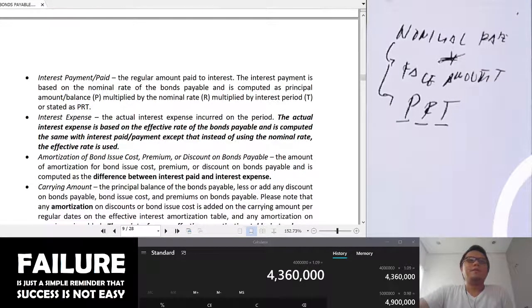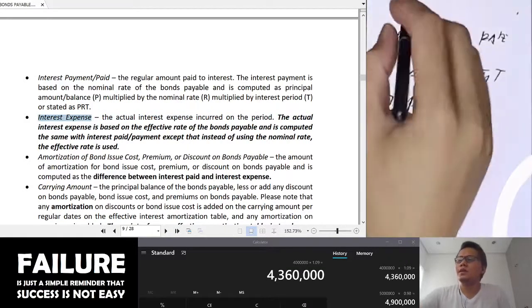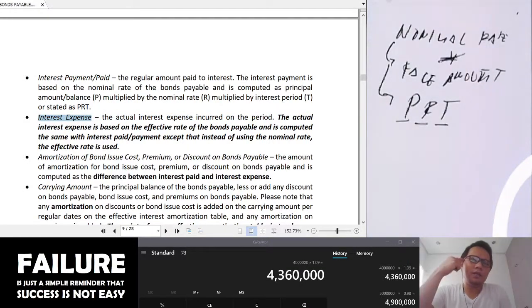Now, there is also a column for interest expense. Kasi nga, diba, again, as earlier stated, interest expense is different from interest payment because of the effect of premium, discount, or bond issue cost. So ngayon, meron din tayong separate column dyan per effective amortization schedule.